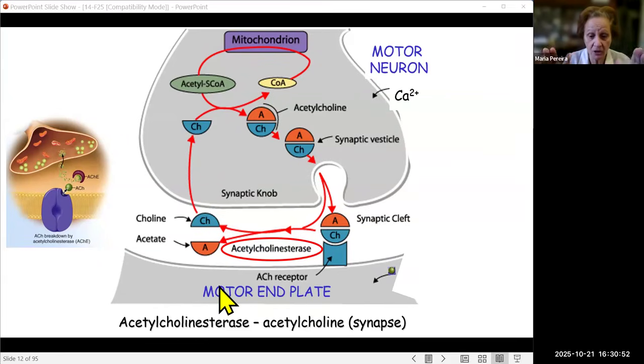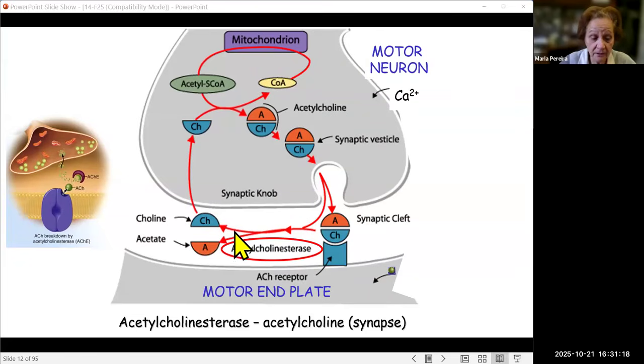So that area of the sarcolemma of the muscle fiber that is in close proximity of the axon terminal. So you see here, this blue represents the acetylcholine receptor, but right here you have acetylcholinesterase.